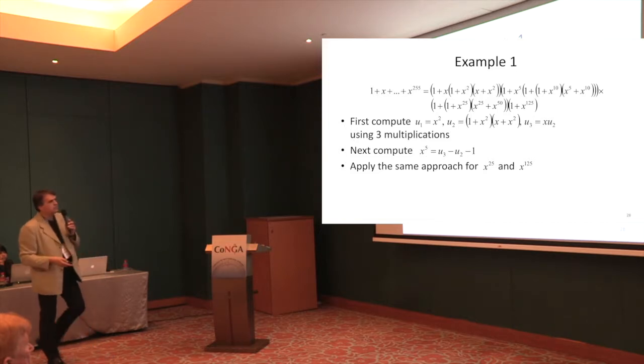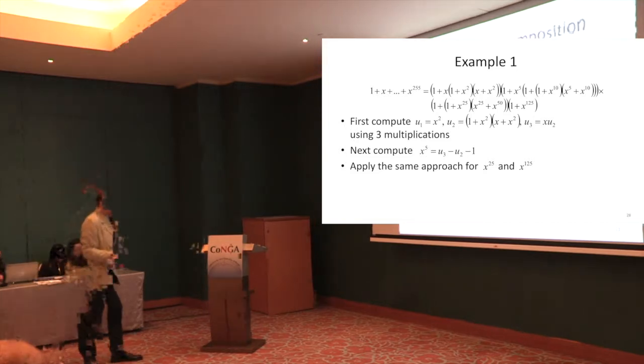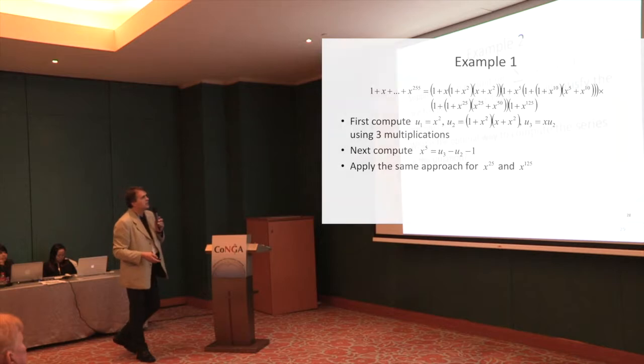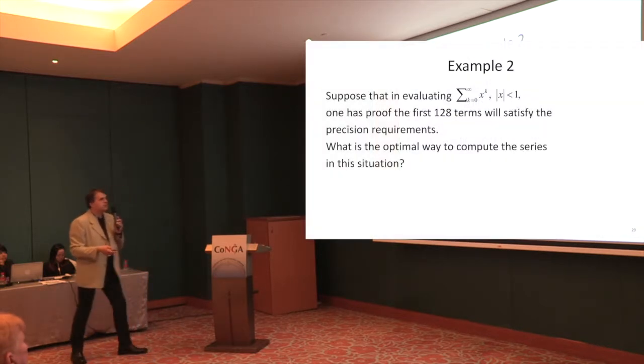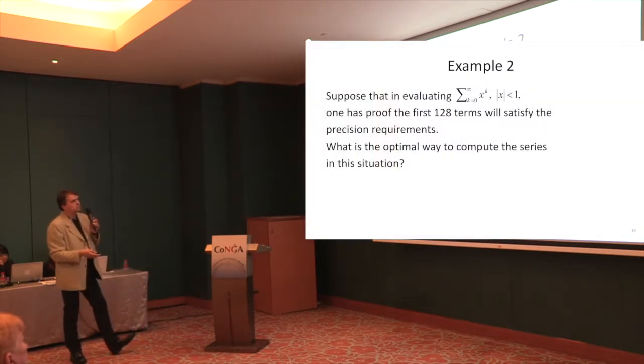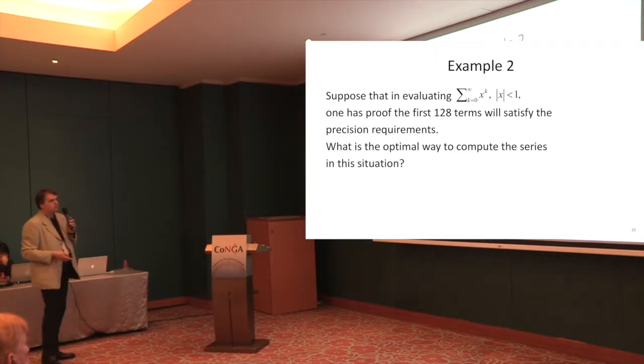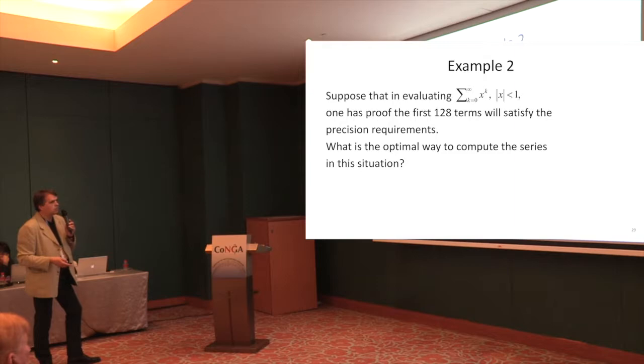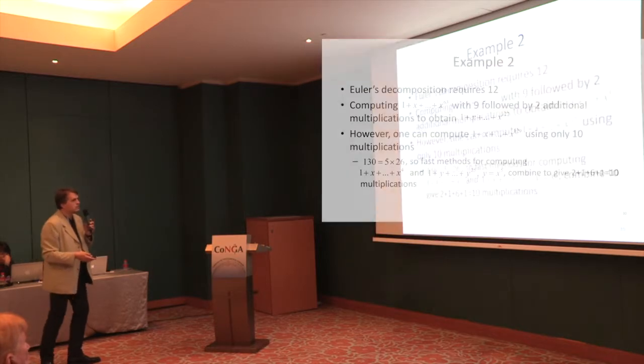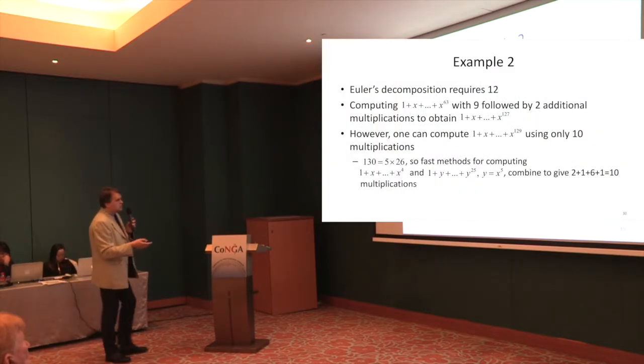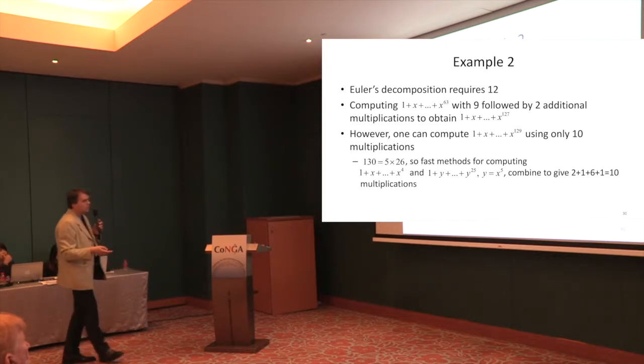Here is a very detailed explanation of how to compute these things. And here is, for example, if we have to evaluate the same sum, and we conclude that the first 120 terms will satisfy the precision requirement. What is the optimal way to compute the series? We know that Euler's formula requires 12.